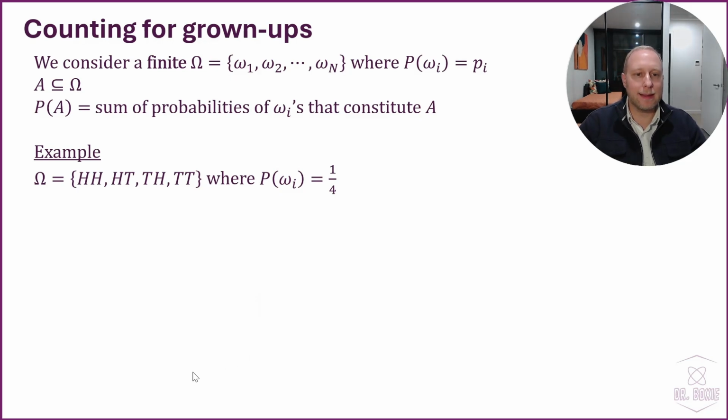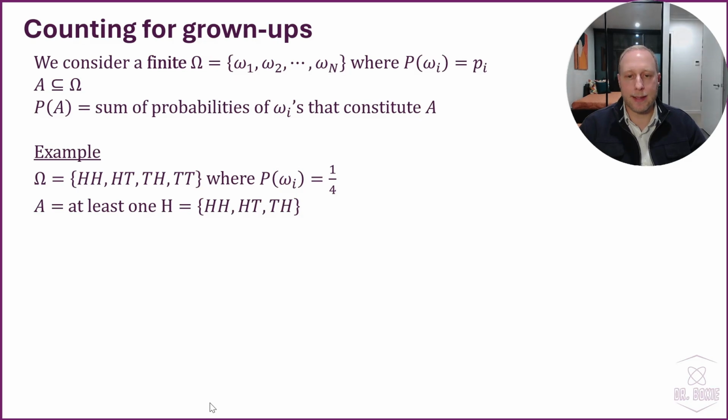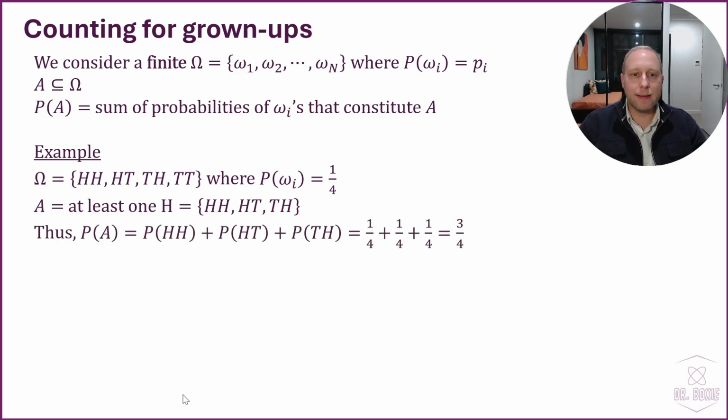If we then look at the event A of throwing at least 1 heads, there are actually 3 elements there: heads and heads, heads and tails, tails and heads. And so the probability of A is the sum of those 3 possible outcomes that obey the condition that there is at least 1 heads in them. So it's 3 times 1/4, in other words, 3/4.